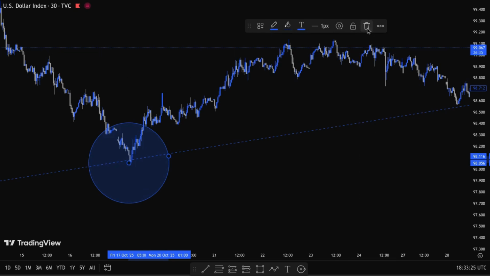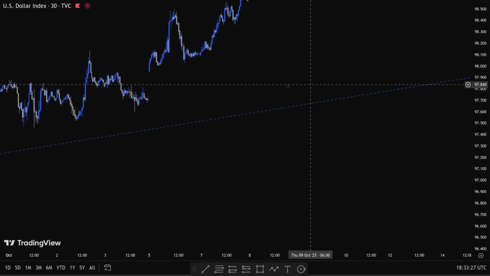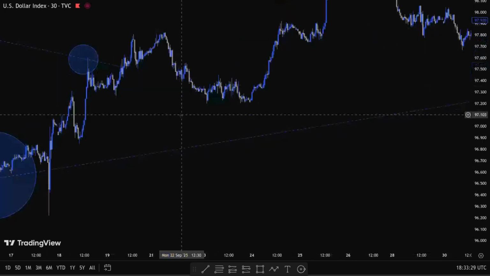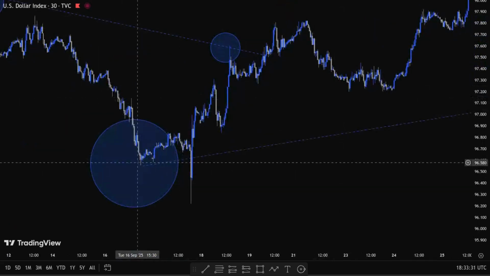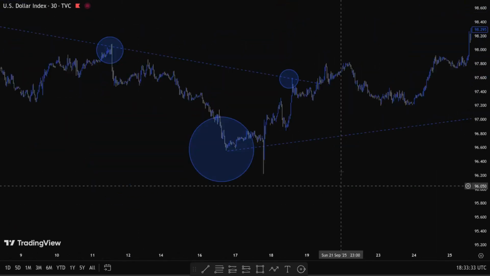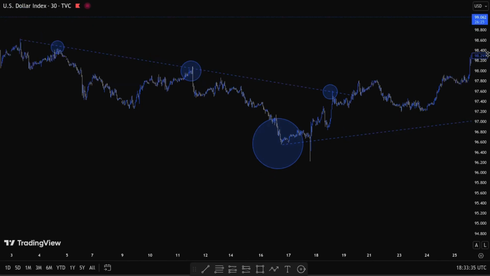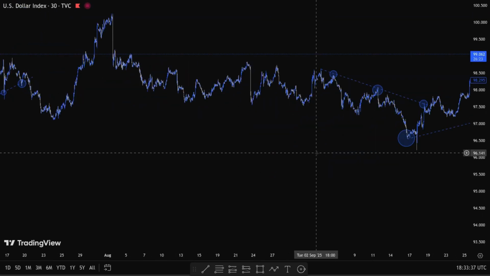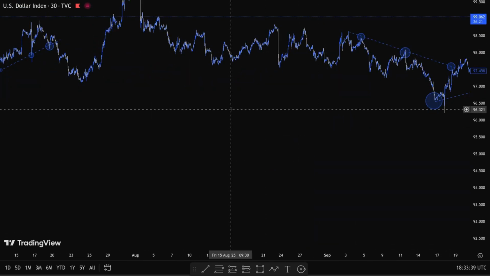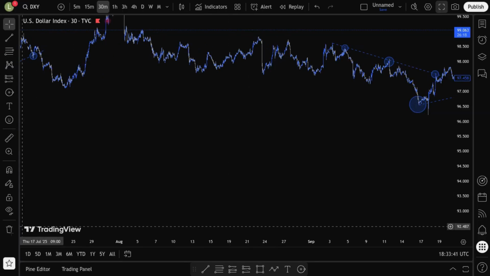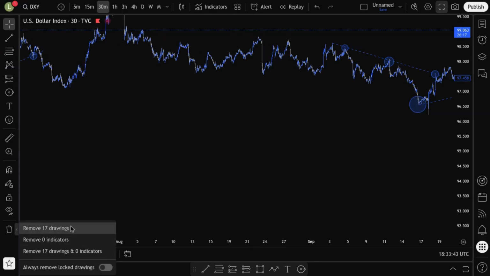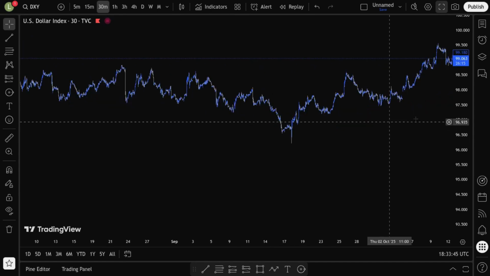You can practice it and keep analyzing to see how everything works on your chart. Right, I'm just simply going to delete this whole drawing. Remove all drawings, so you can go and check on them.